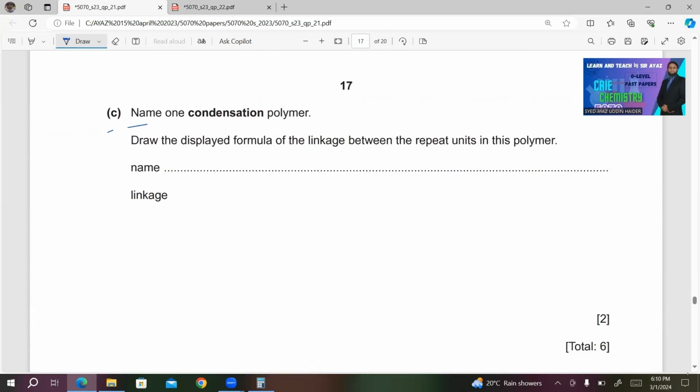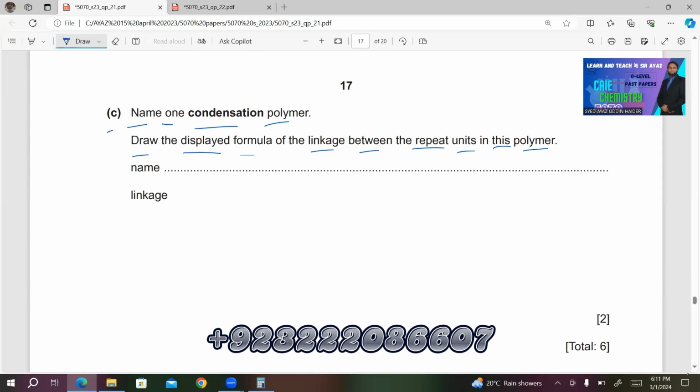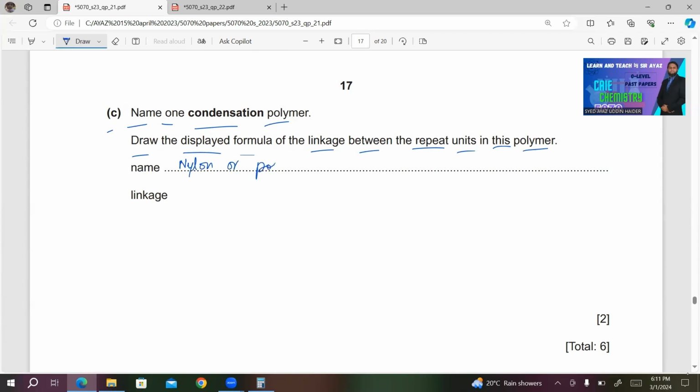C. Name one condensation polymer. Draw the displayed formula of the linkage between the repeat units in this polymer. You have to name any condensation polymer, like nylon or polyester. Nylon can also be known as polyamide. Nylon or polyamide, and you can write polyester or PET.